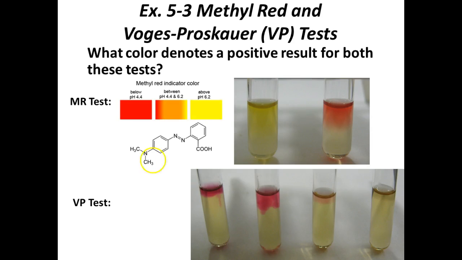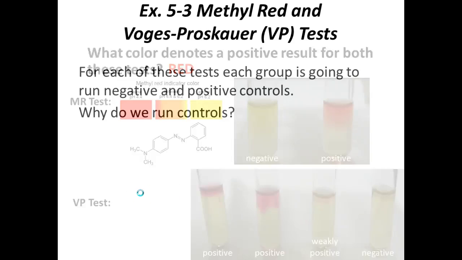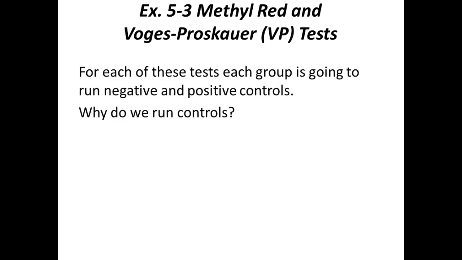Red. For the methyl red test, it's because the pH indicator stays red, indicating it's a very low pH, around 4.4. For the VP test, it's because of that chemical reaction that happens. And this is why we had to wait a while, right? Time for that reaction to happen.